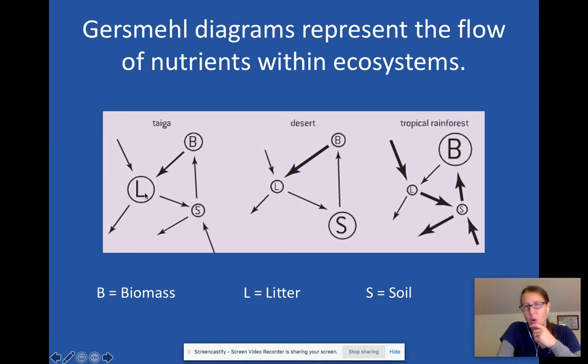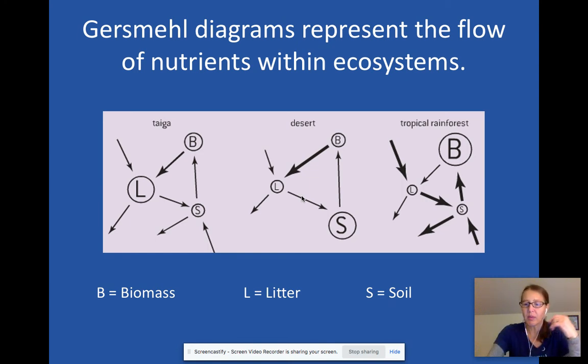It's because it's pretty cold, so there's not a lot of decomposition, and it doesn't happen very quickly. Things die and they kind of stay frozen. They don't decompose super quickly. When the leaves fall to the ground, you get this permafrost layer. And so most of the nutrients are going to be contained within the leaf litter here, and it doesn't break down very quickly. So you can see different ecosystems will have different places where they tend to store these nutrients in larger amounts.